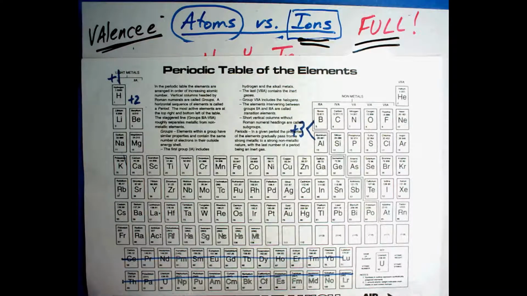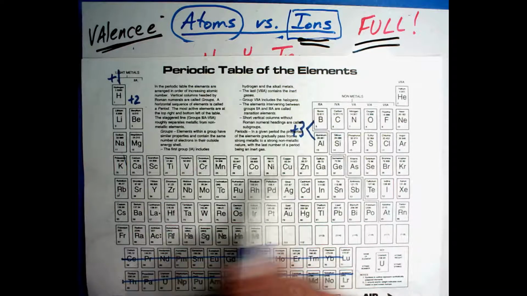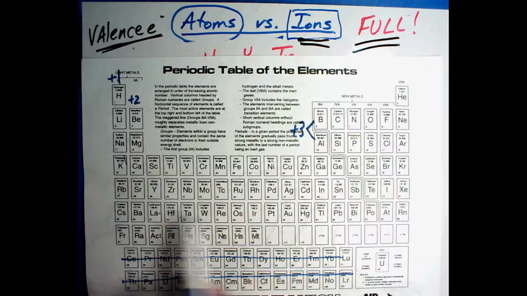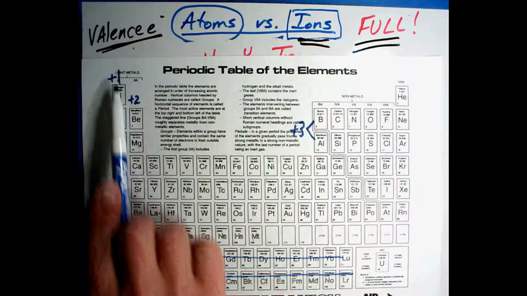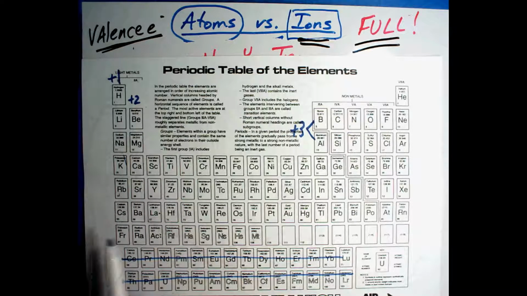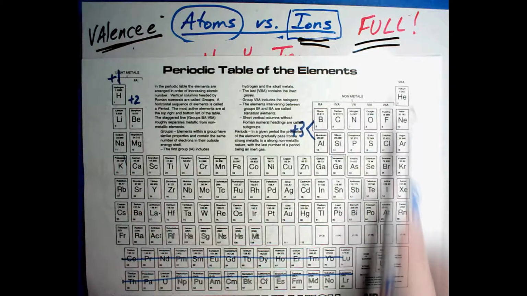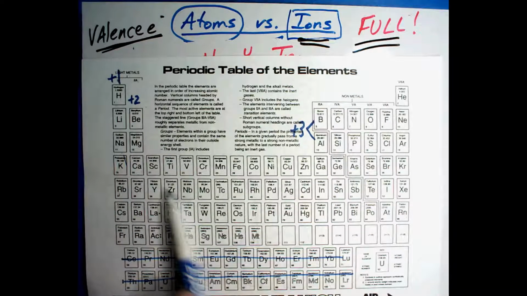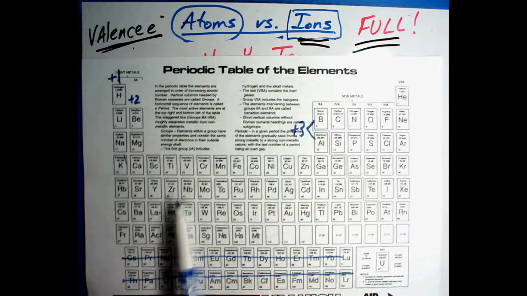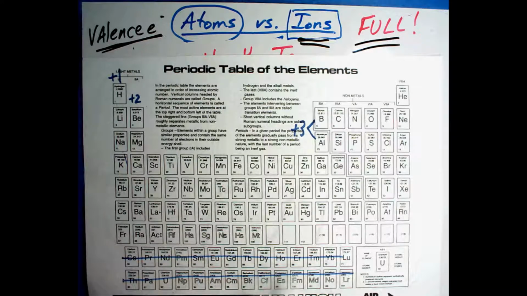Well, these short columns in the middle are called transition metals, and transition metals mess around with their electrons so much, they just don't follow the rules that everybody else does. So we're just going to talk about the columns that go all the way to the top. So the +1 goes all the way top, +2 goes all the way top, +3 is real tall. All of these are real tall. Any of these short ones and this bottom section, we're going to ignore them for now. They don't follow the normal rules. So those guys are +3.